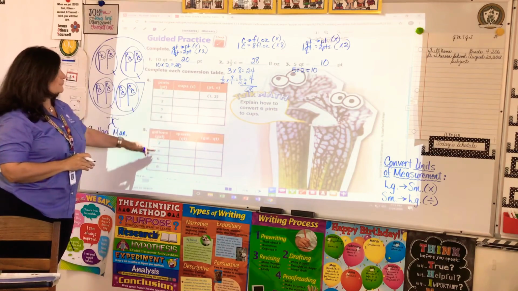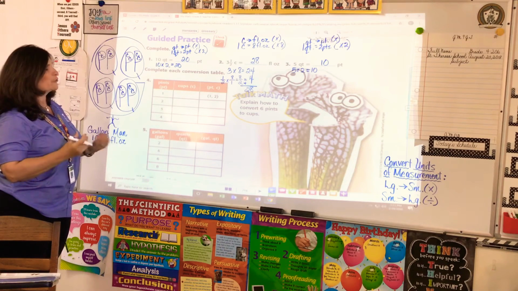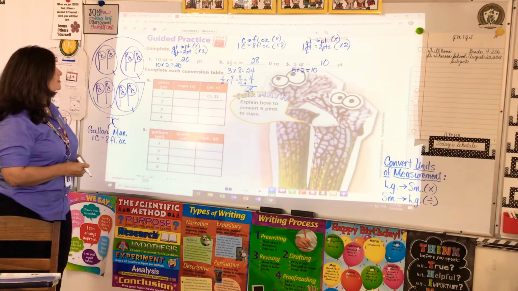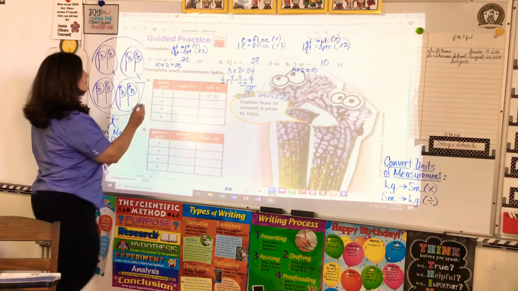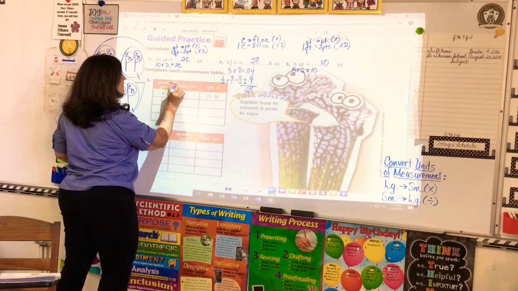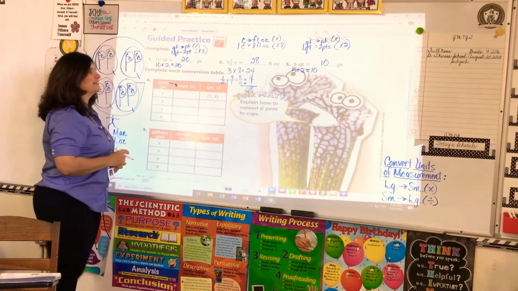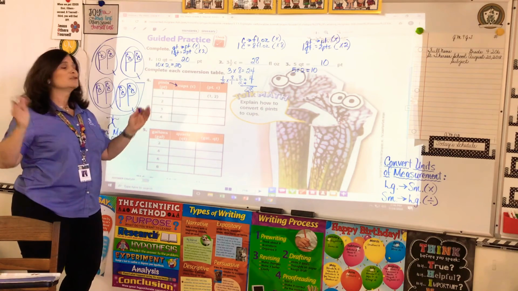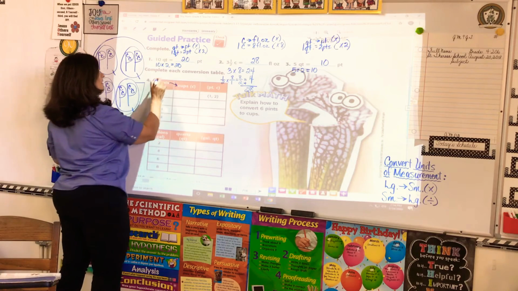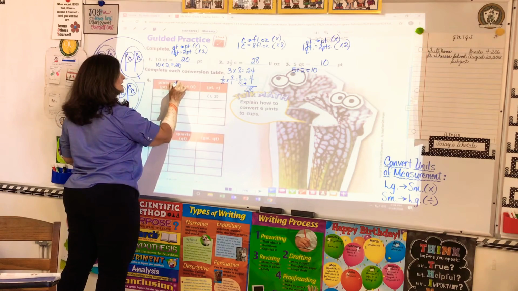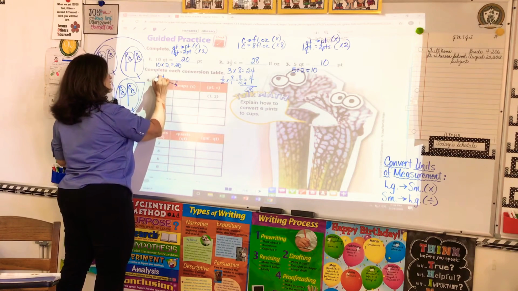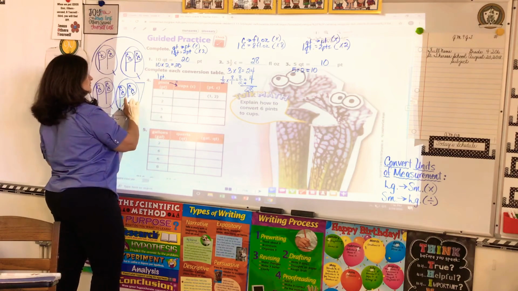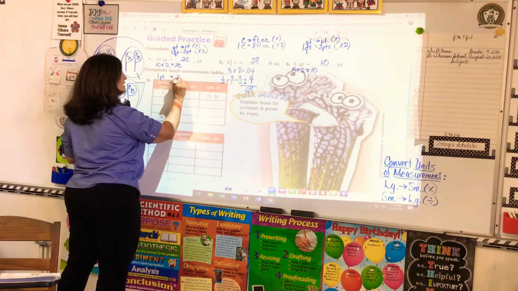Now, when you have a conversion chart, you basically approach it the same way. You want to see the relationship of the units of measurement. Okay, we have pints. We're going from pints to cups. Pints are larger than cups, so that means we need to multiply. 1 pint equals 2 cups.